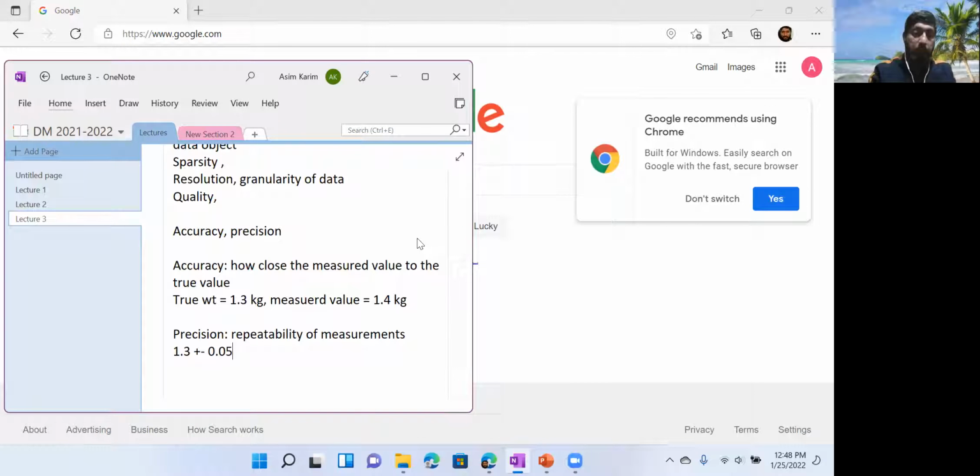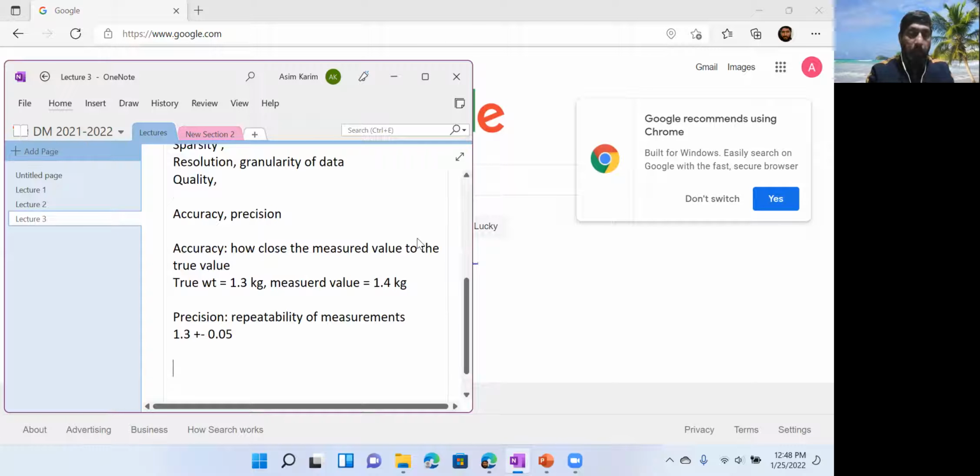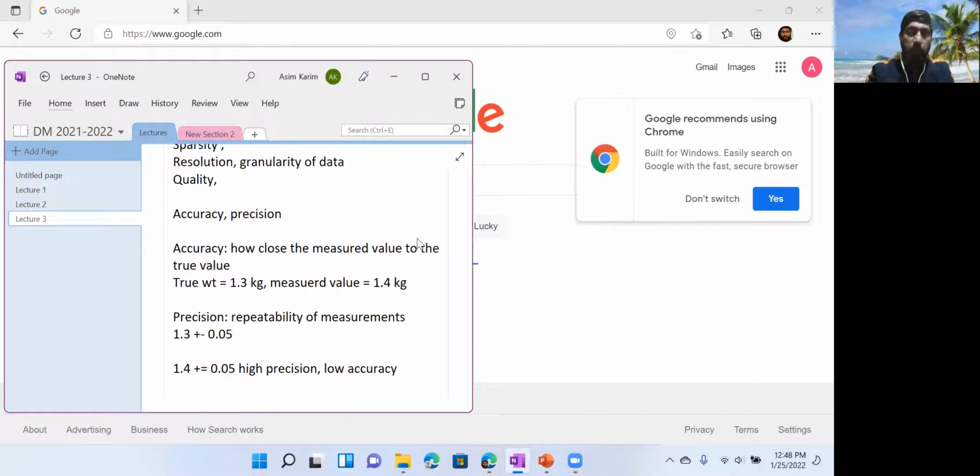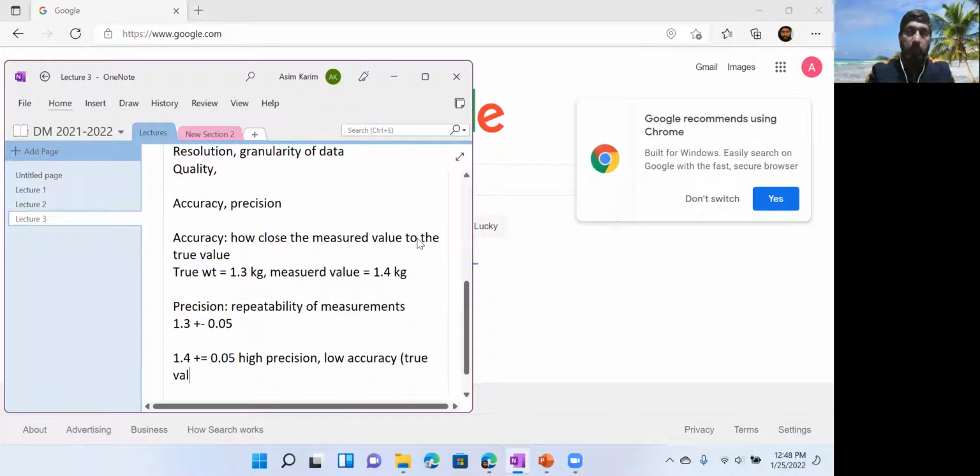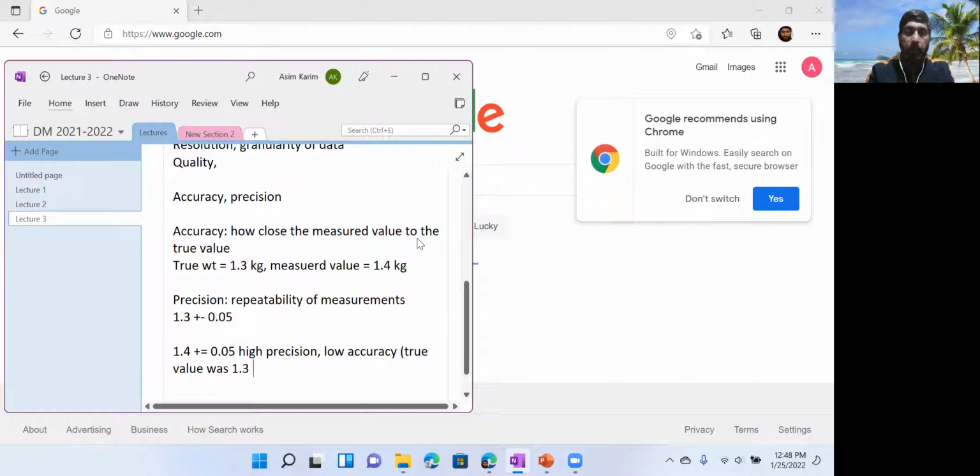It might happen that your instrument is biased and it is giving a value of 1.4 plus minus 0.05. So this is high precision, let's say, but low accuracy, because the true value was 1.3. Okay, so you need to be aware of the distinction between the two.